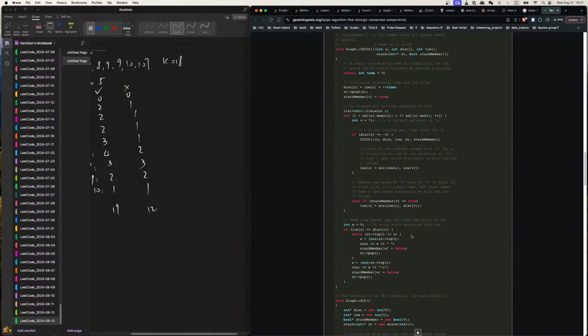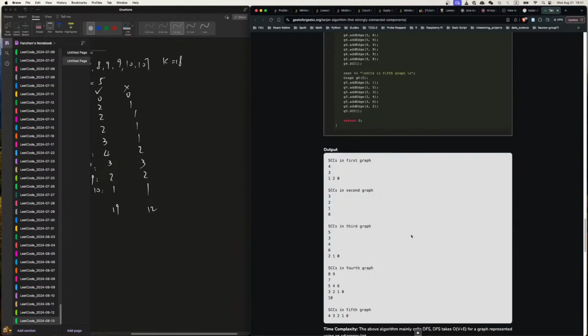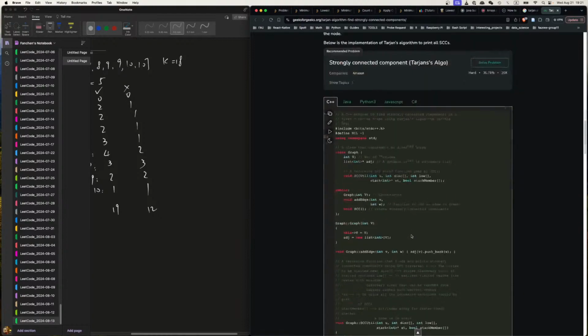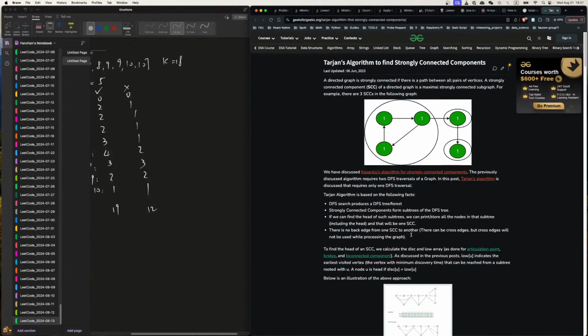Are you kidding me? I'm not implementing this for sure, but I do want to understand. Hard to find strongly connected component. That's not exactly what.